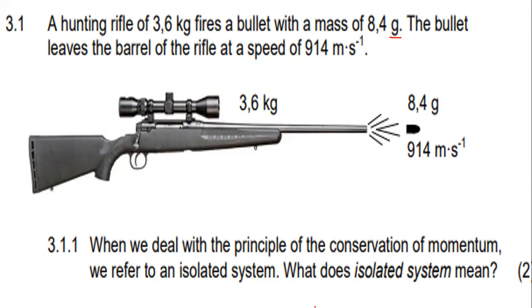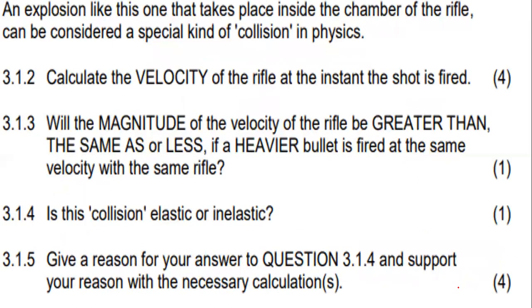Question 3.1.1 says, when we deal with the principle of conservation of momentum, we refer to an isolated system. What does isolated system mean? By now we know that an isolated system is a system whereby the net external force acting on the system is equal to 0. Let us see how we mark that one.